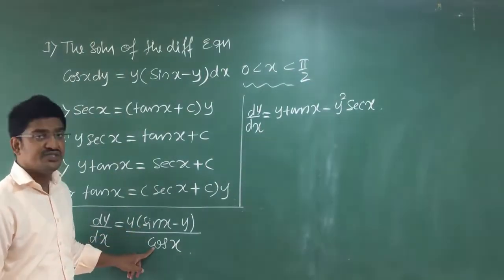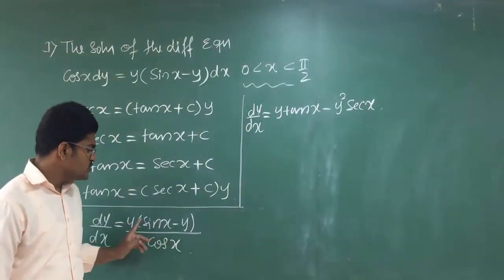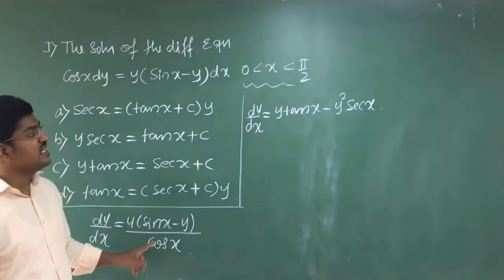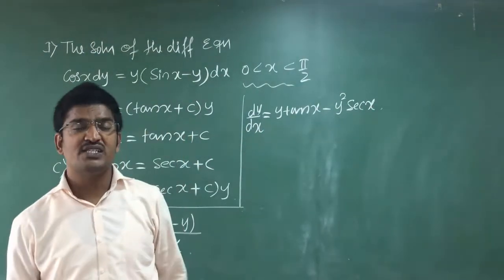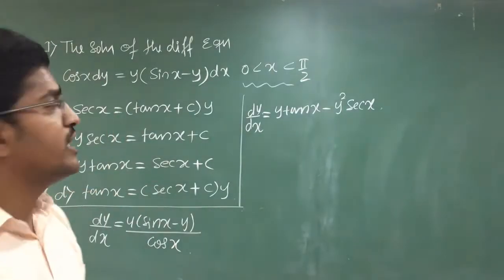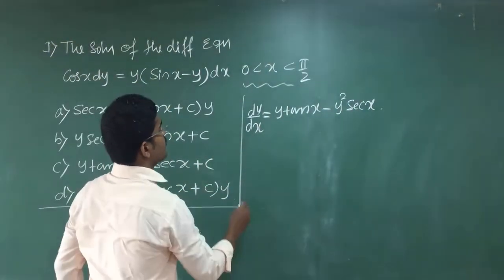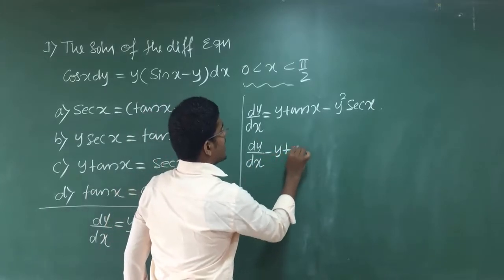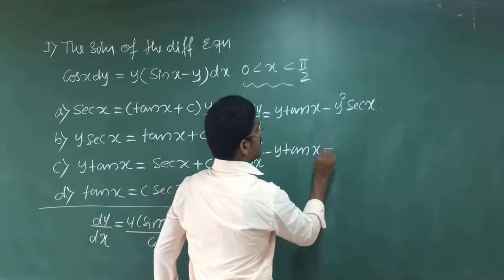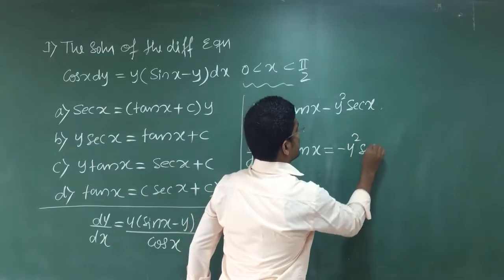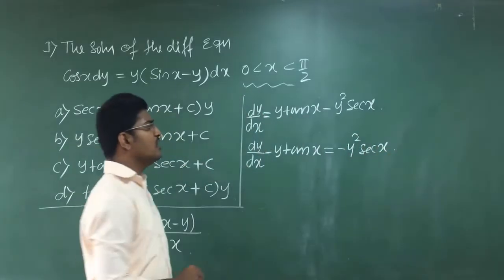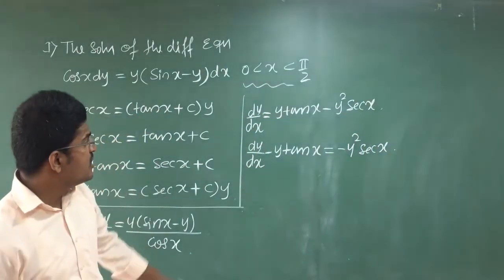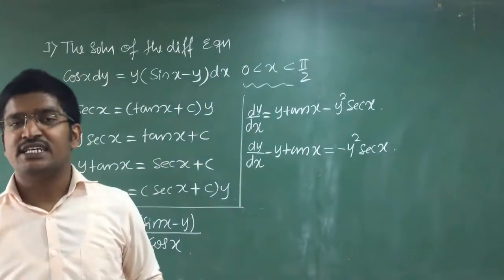Y sin x by cos x is y tan x, and minus y square divided by cos x is minus y square sec x. So this can be written in the form of dy by dx minus y tan x equal to minus y square sec x.